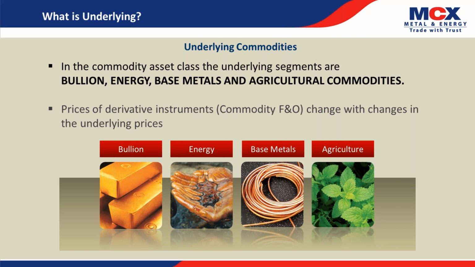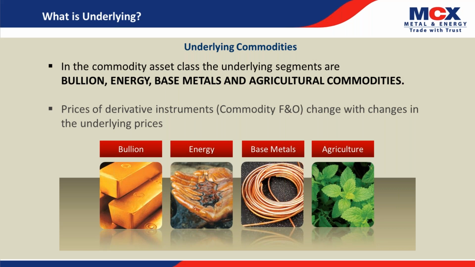On the option side, on the MCX platform, the commodity futures contracts can also be the underlying. For instance, in the gold segment, we have a gold options contract where the underlying is the gold futures contract.